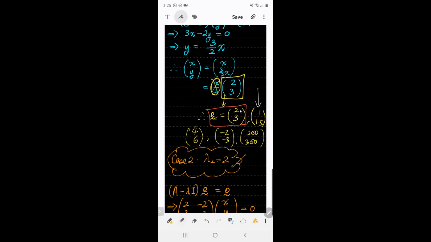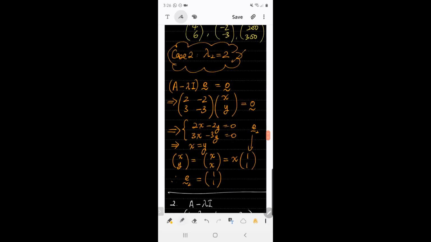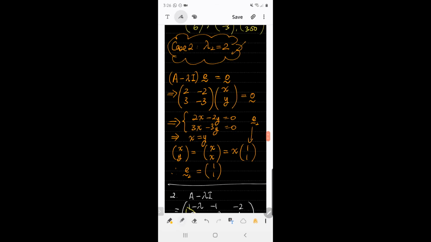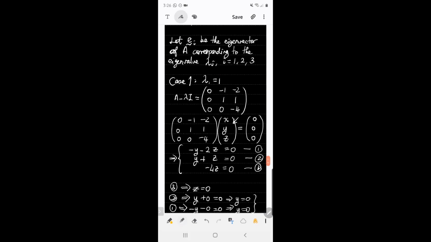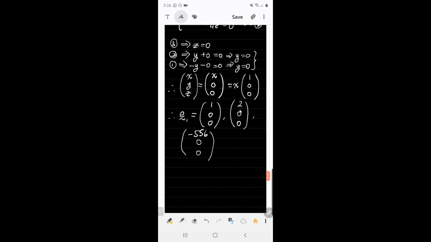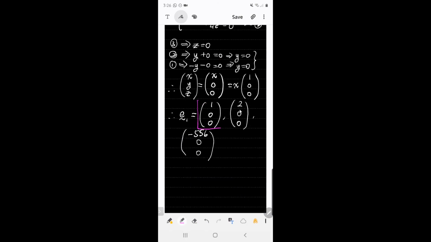So the 1 multiplied by 2, the 1.5 also multiplied by 2. You try to get integers so that later when you have to evaluate the inverse matrix, that will make your life easier. So the answer, eigenvector 1, is 1, 0, 0. If I were you, I would choose this as my answer.